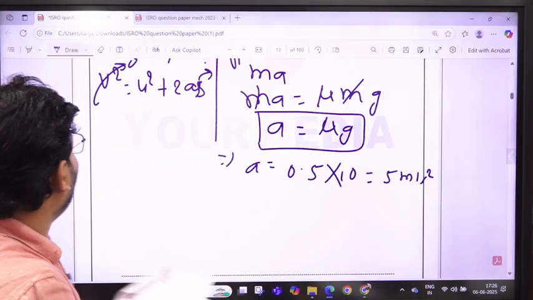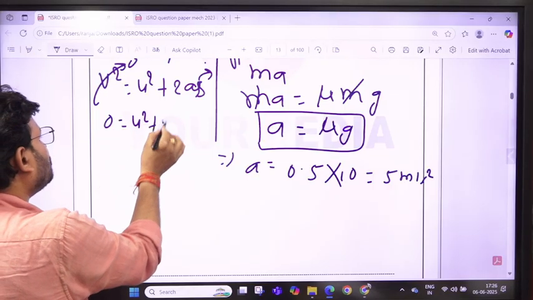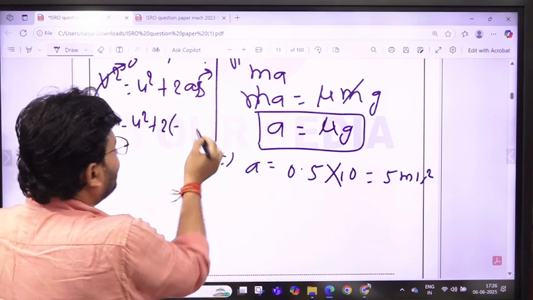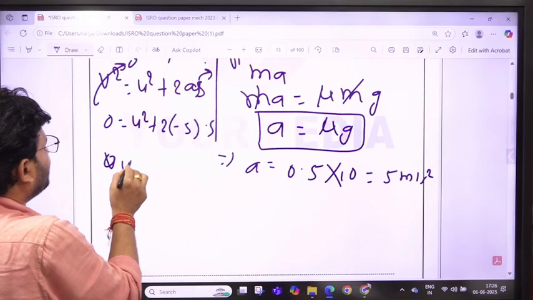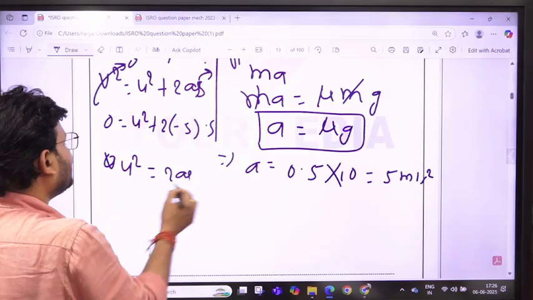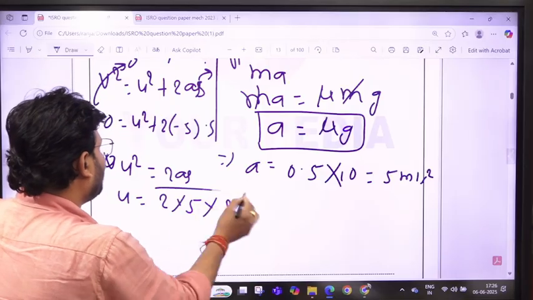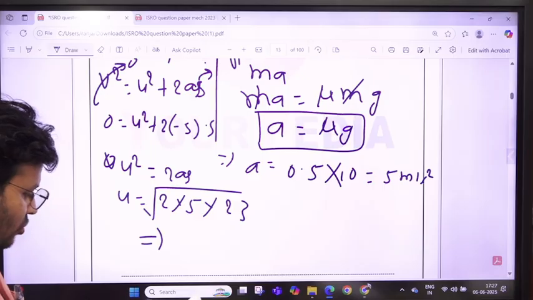Now put the values: 0 equals u square plus 2 times a, but a will be minus because it is retarded, so minus 5 into s. So u square equals 2as, and u equals the square root of 2 times 5 times 23.